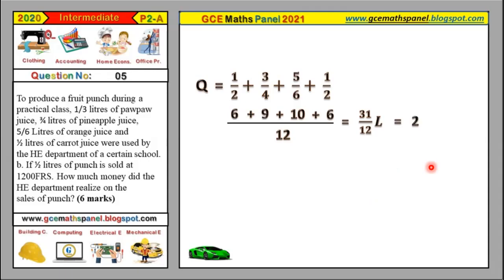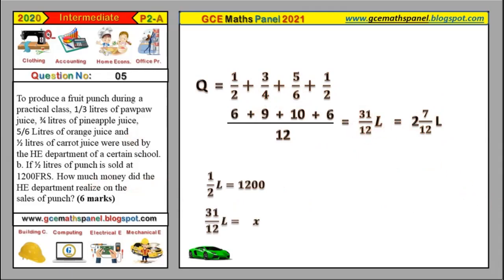You can further simplify it to have 2 and 7 on 12 liters. This is the total number of liters that results when you add all of these fractions of the different components. The question tells us that half a liter of this is sold for 1,200 francs. So what will be the cost of 31 on 12 liters?